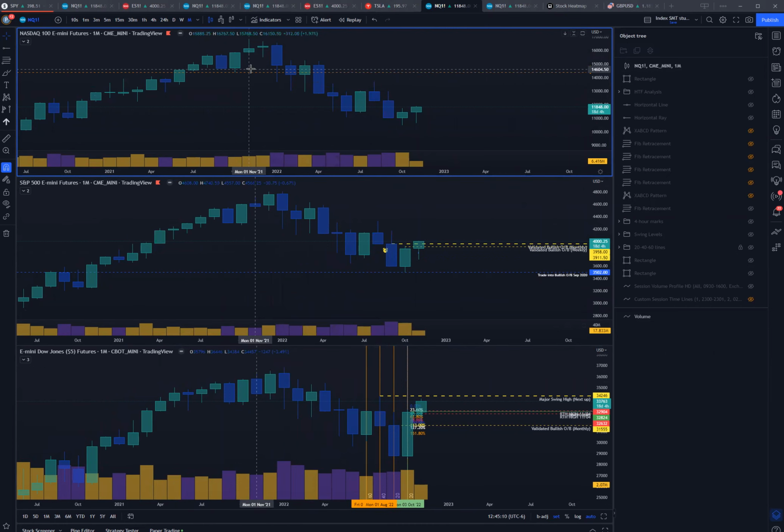So the NASDAQ was leading, then ES kind of had a double top here, and then the YM came after that. So the fact that we kind of have a double top here makes this a very vulnerable target, very attractive target, right, to go up to.